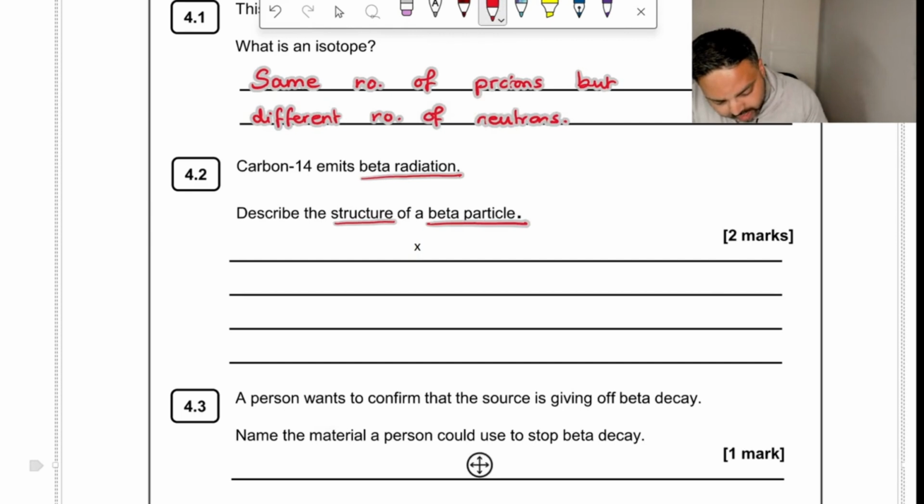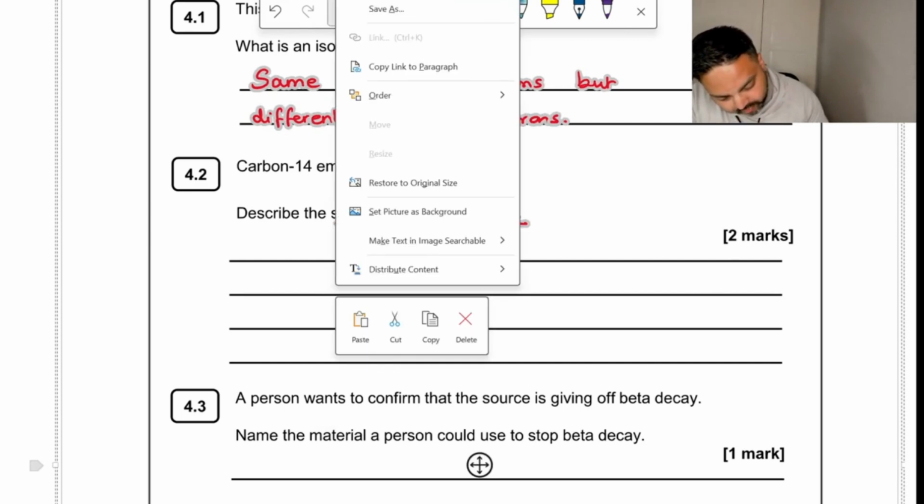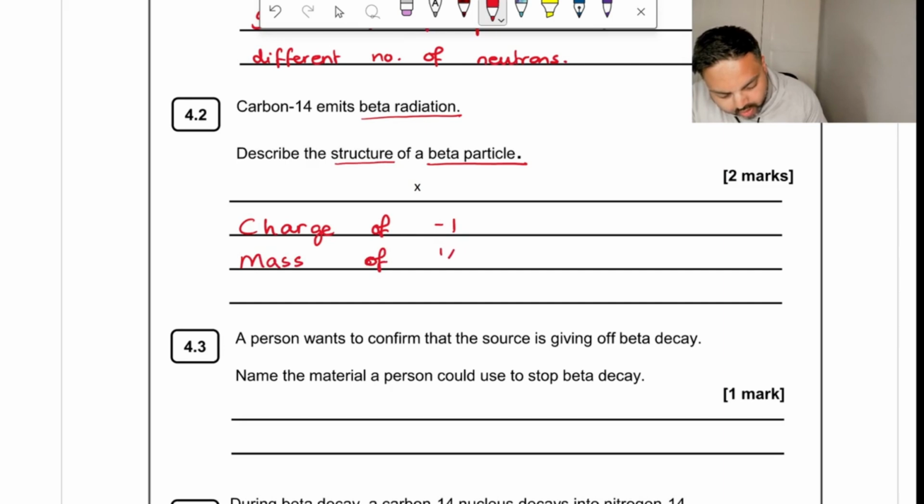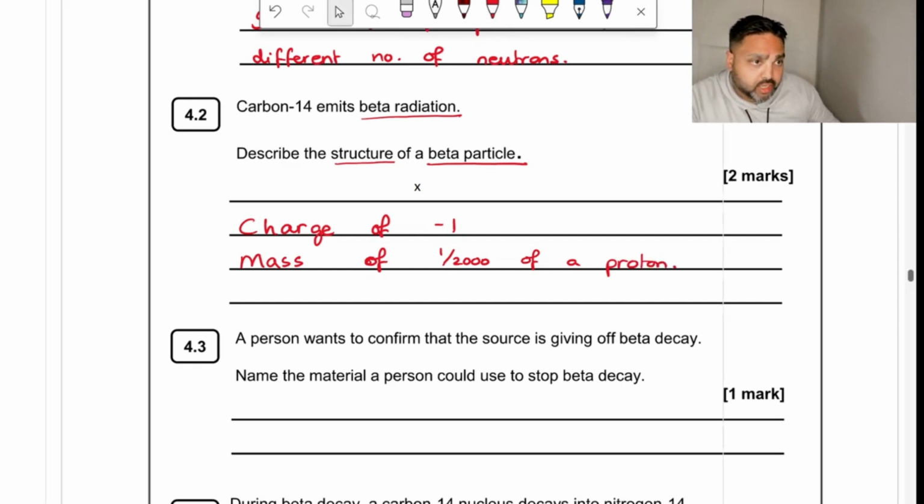It has got a charge of -1 and it has a mass of 1/2000 of a proton. Okay, so good, well done Peachy. You've got a charge and you need to describe the mass when it comes to the structure of a beta particle.